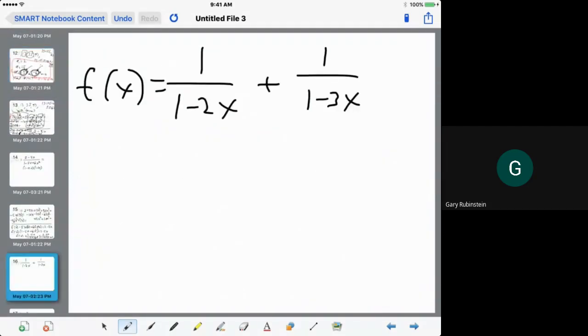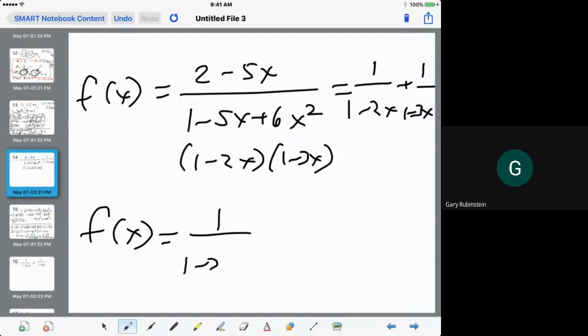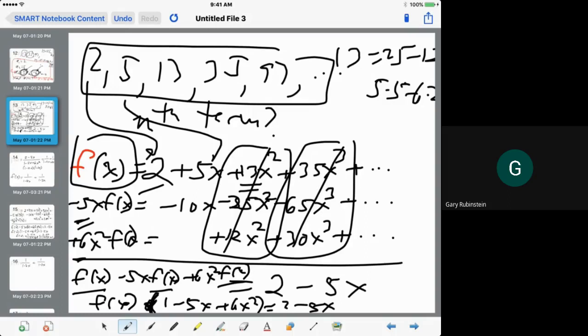Okay, so here we are. And it happens to become 1 over 1 minus 2x plus 1 over 1 minus 3x. So now I have the function in this new way. Now remember, we're trying to figure out what the next coefficient is.